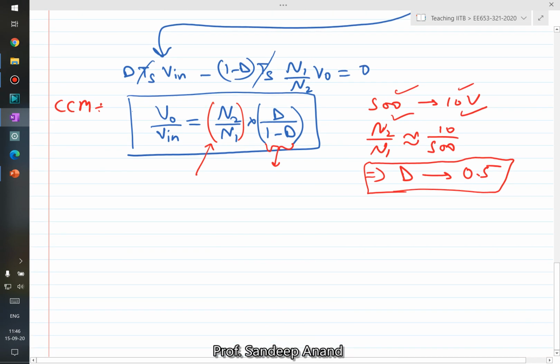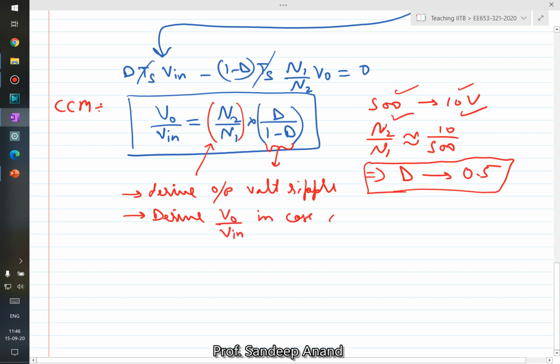Now you can certainly go ahead and derive the output voltage ripple. You can also derive the output to input relationship in case of DCM. It would be very similar to the derivation you would have done for the buck boost converter.